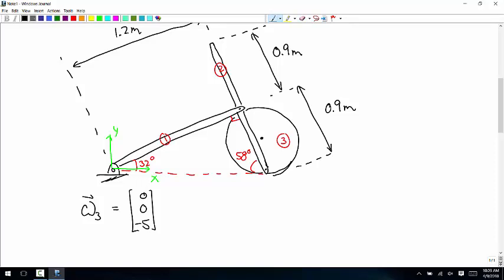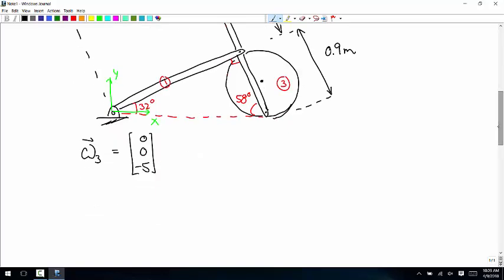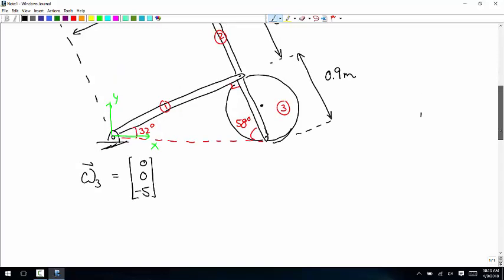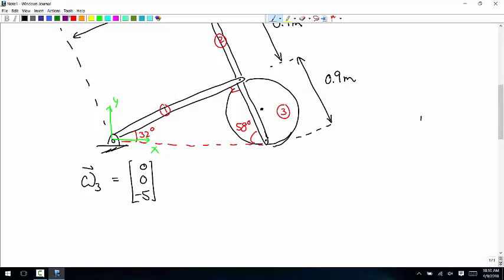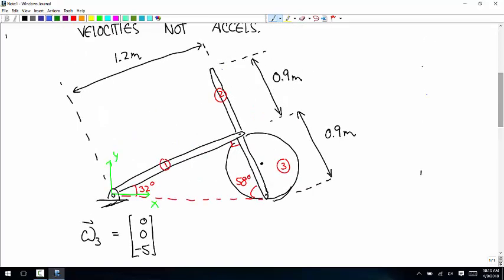Okay, and so here's where that constraint idea comes in. Let me name these pins too. This is called A, I'll call that B and C, and this fixed one I'll call D.